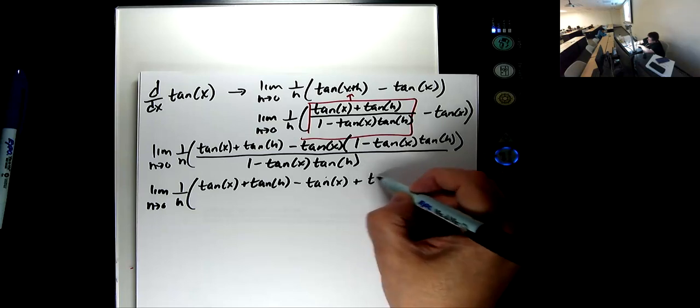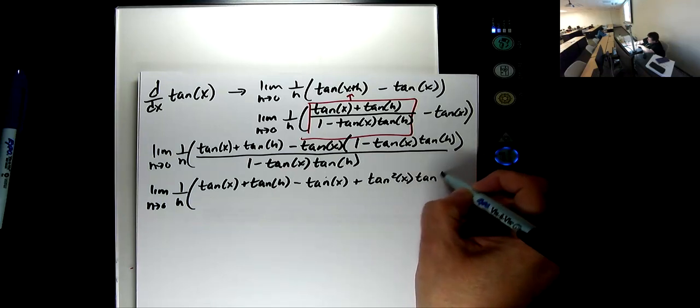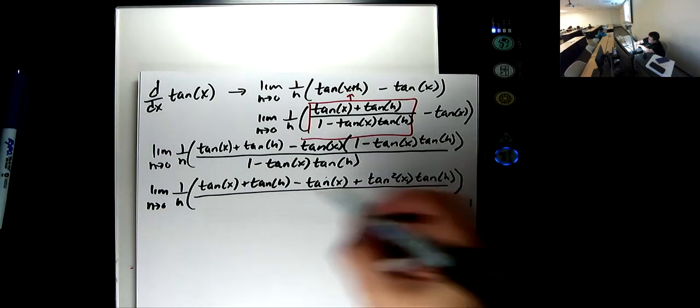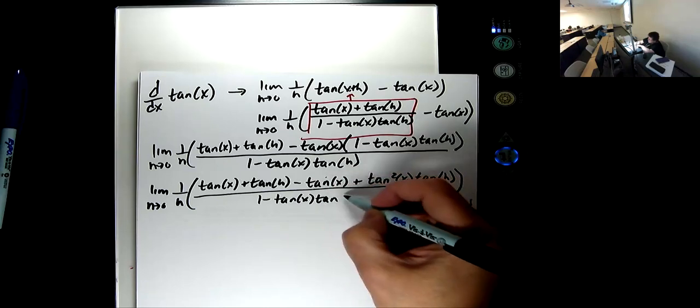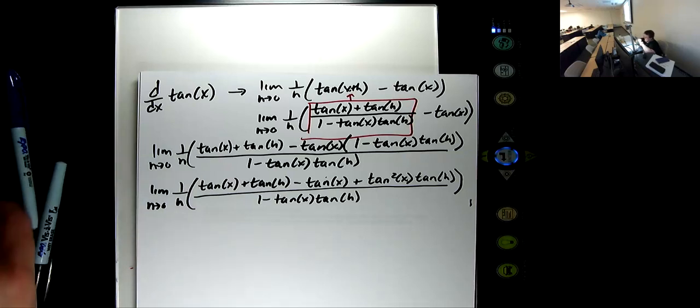Plus tangent squared x tangent h, all over 1 minus tan x tan h. Oh, I think it's going to get there. Well, it should get there. This is a pain in the ass, isn't it? We're gonna do the other one in a second.